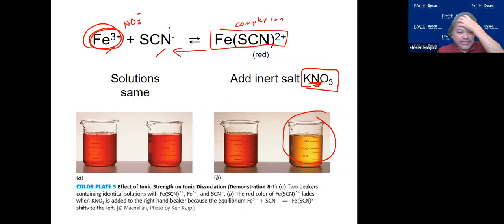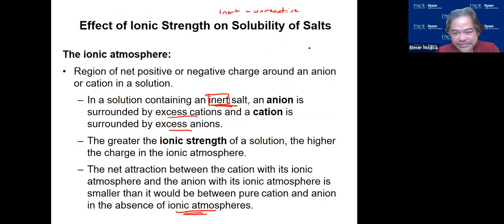NO3 minus, and this was surrounded by K plus, preventing them from forming the complex ion. So if you're going to add an inert salt, the way it interferes is it prevents your ions from interacting with one another. So here, the addition of the inert salt prevents the ferric ion from reacting with the thiocyanate to form the ferric thiocyanate complex. Okay?